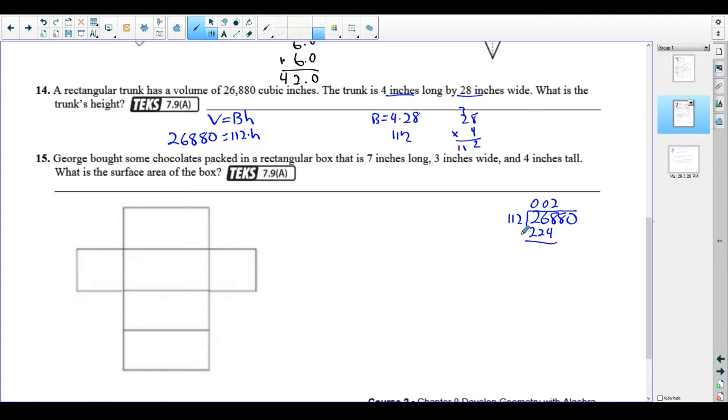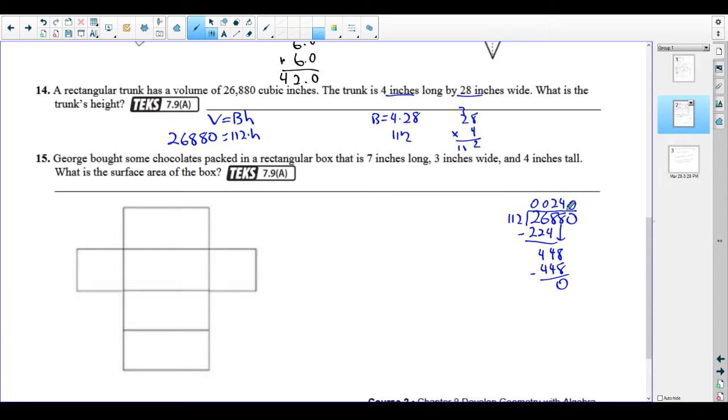If I subtract 4, 4. Oh, never mind. This is a piece of cake. 112 goes into 448 4 times. So 4 times 112 is exactly 448. And then we have nothing left over. So we bring this last 0 up.